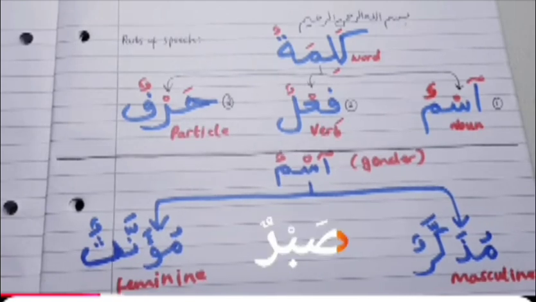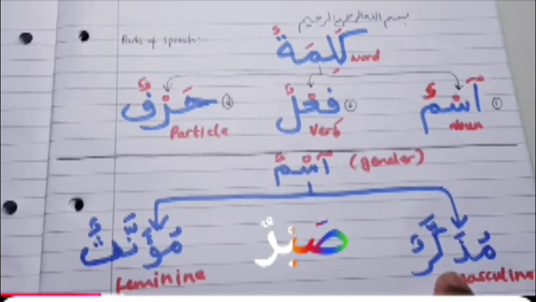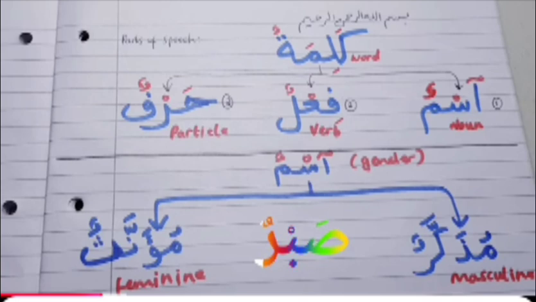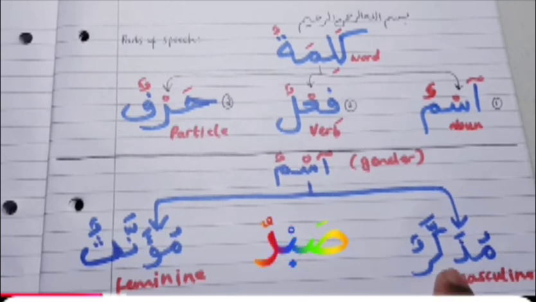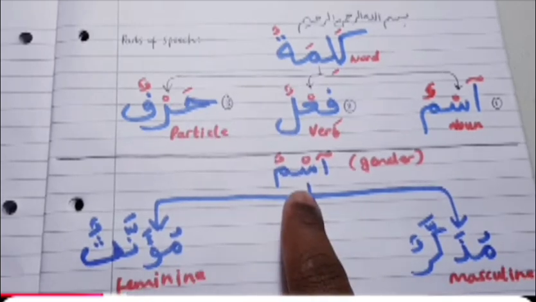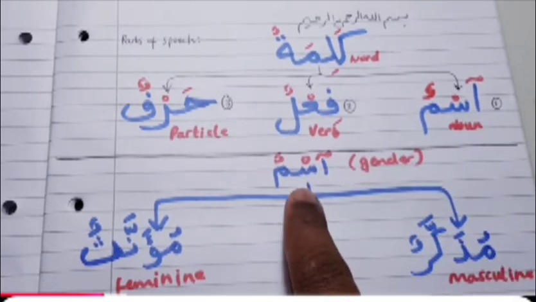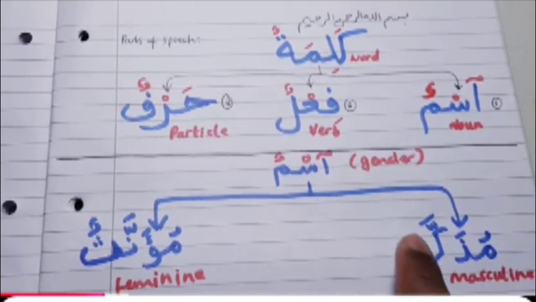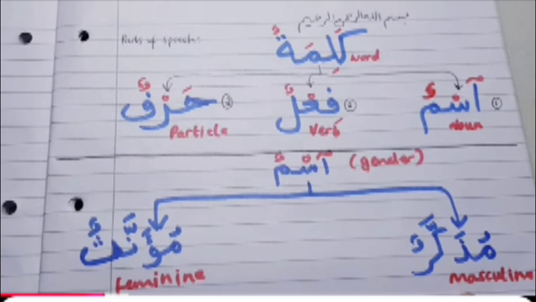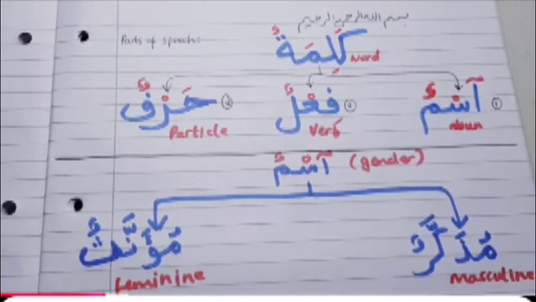Sabrun means patience. Patience is an idea, it's a concept. This concept has a gender and it's mudhakkar. So when we refer to sabr, we refer to it as masculine. The point is, every noun, every ism in the Arabic language has a gender. It's either going to be mudhakkar, masculine, or mu'annath, feminine.